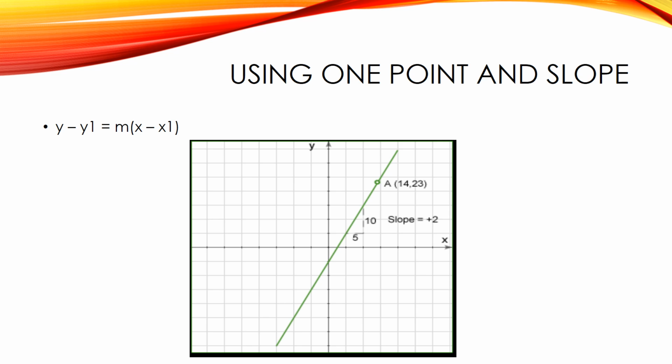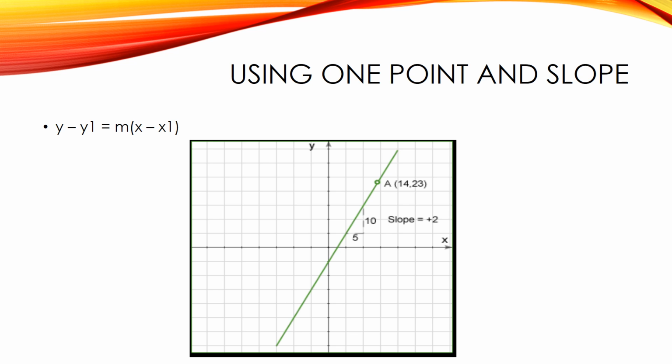Using one point and the slope. Sometimes on the GMAT you will be given a point on the line and its slope, and from this information you will need to find the equation or check if this line goes through another point. You can think of the slope as the direction of the line. So once you know that a line goes through a certain point and which direction it is pointing, you have defined one unique line.